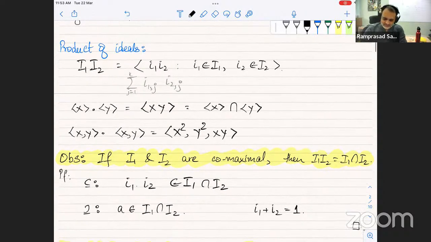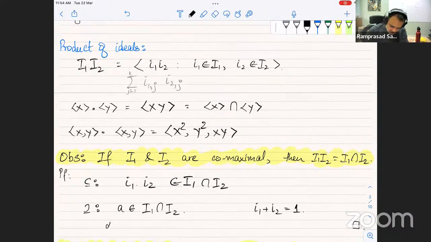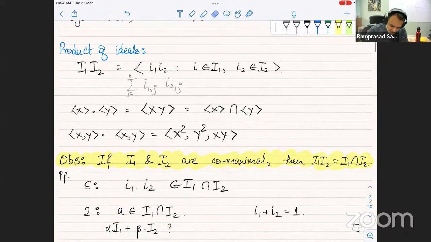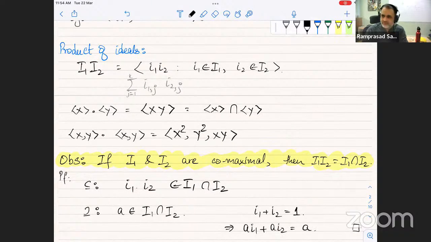Now, can I write this as some alpha times something in I1 plus some beta times something in I2? I want to write a as this. Or okay, this is not quite what I want to do, and I don't know how to motivate this, but you basically just take this equation and multiply by a on both sides. So this implies that aI1 plus aI2 is equal to a.